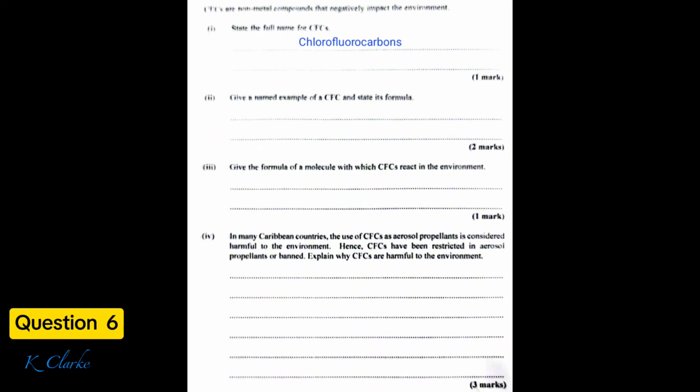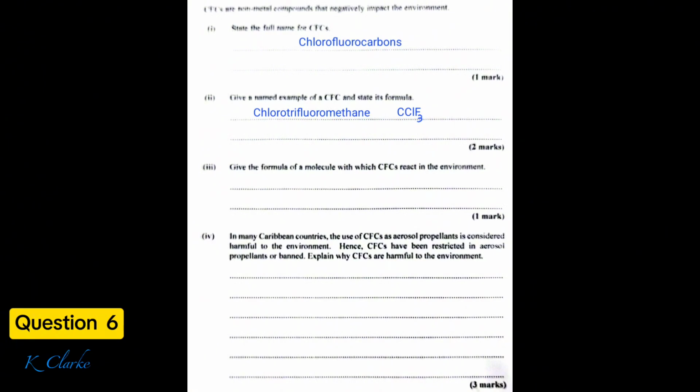Part 2. Give a named example of a CFC and state its formula. Now an example is chlorotrifluoromethane. The chemical formula is CClF3.